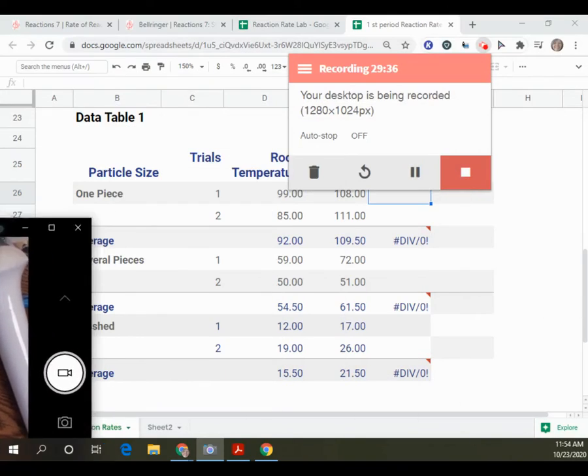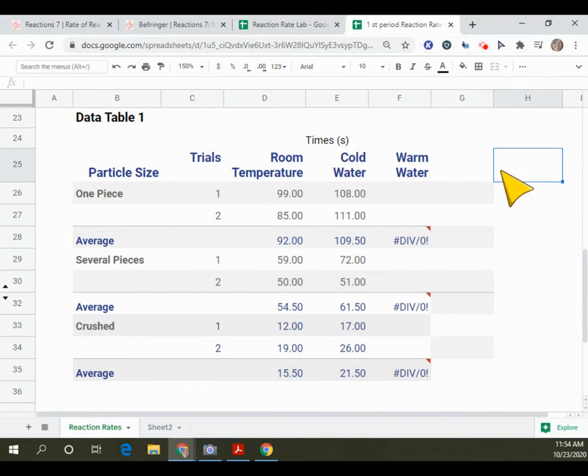Let's go back and put our data in. So it would be equals 60 plus 3. That's 63. But it's good for consistency, being able to remember how to do the formulas in Excel.